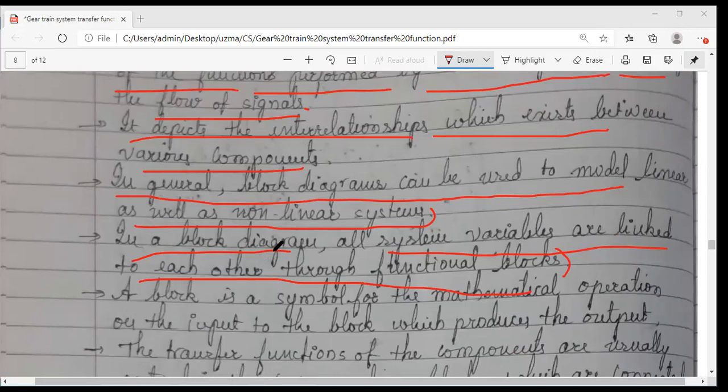For that, I'm taking a block diagram as an example. A block diagram is a symbol for the mathematical operation on the input to the block which produces the output.